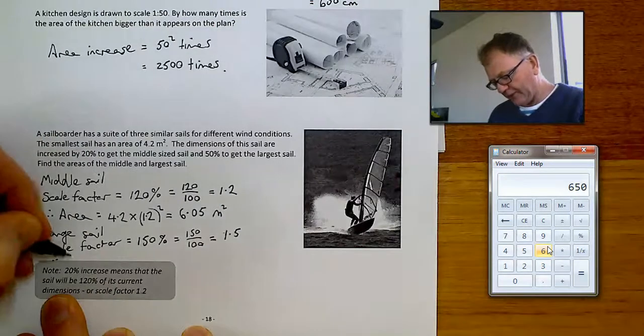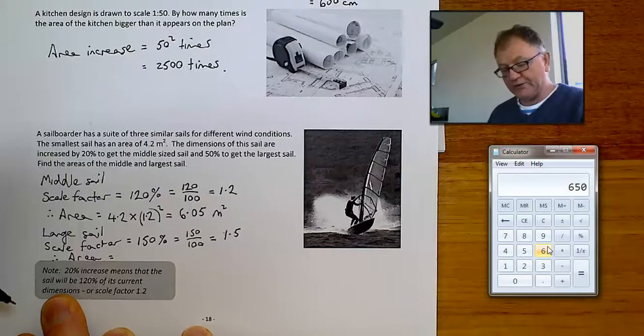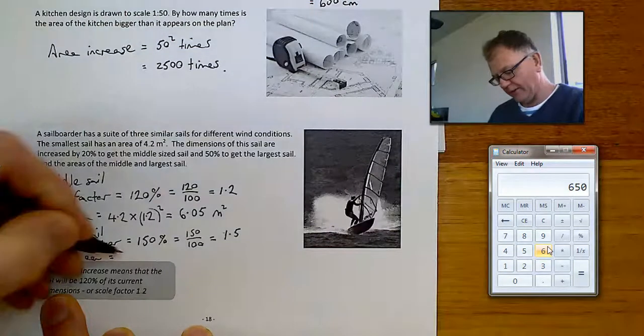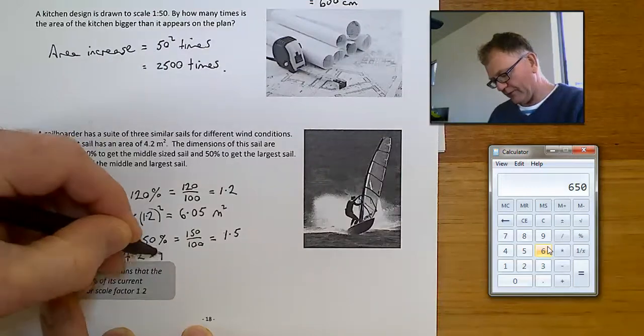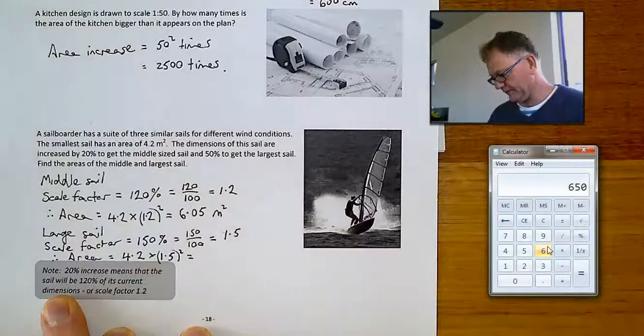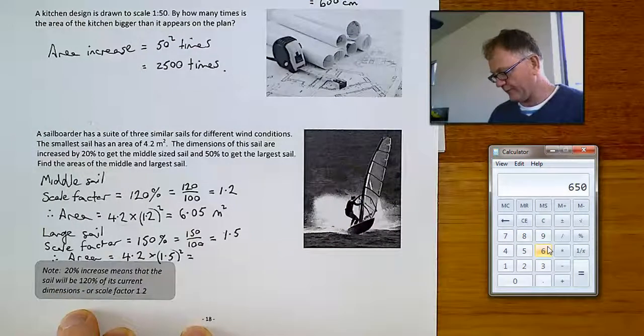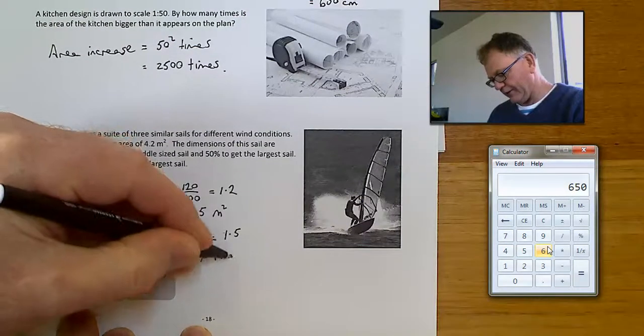That means its final area is going to be increased not by a scale factor of 1.5 times, but by 1.5 squared times. So the original size is multiplied by 1.5 squared. And if we do that, it works out to be 9.45 square metres.